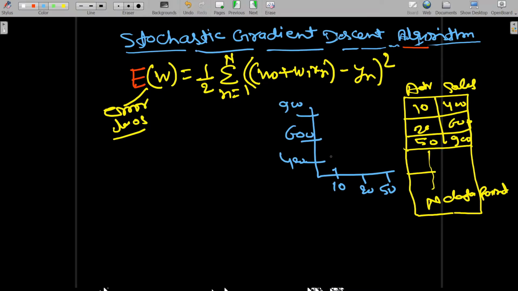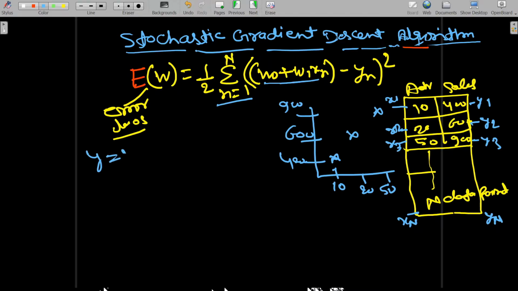This is the actual data: this is x1, this is y1, this data point is x2, this is y2, similarly x3, y3, and then we will have xn and yn. That's why we are going from 1 to n. And this is the regression model which we have to find out, y = w0 + w1 xn.